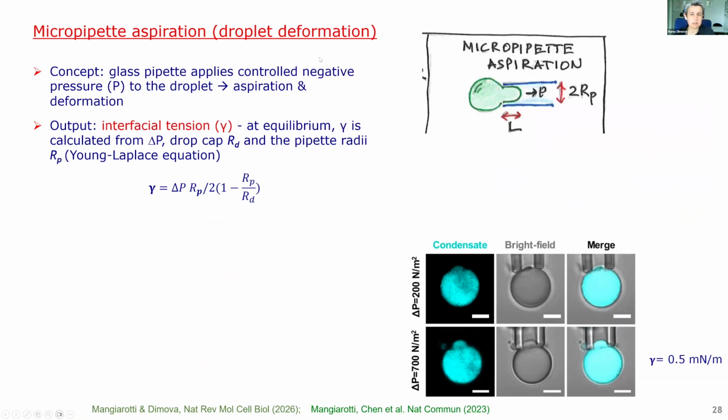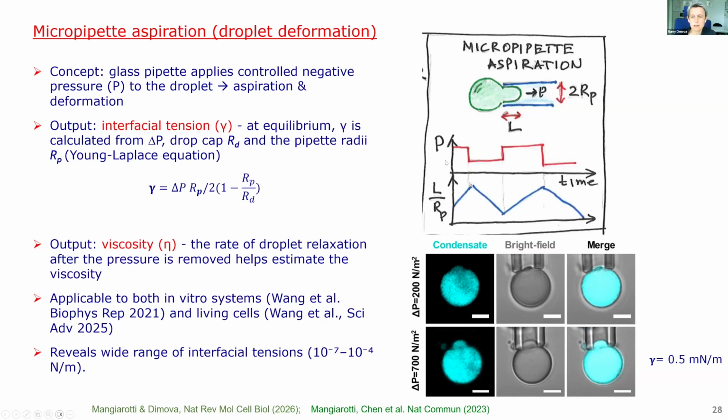Micropipette aspiration is another method to measure interfacial tension of condensates. So you apply some suction pressure and see how the condensate deforms. The output is the interfacial tension, which depends on the size of your pipette and the droplet radius.